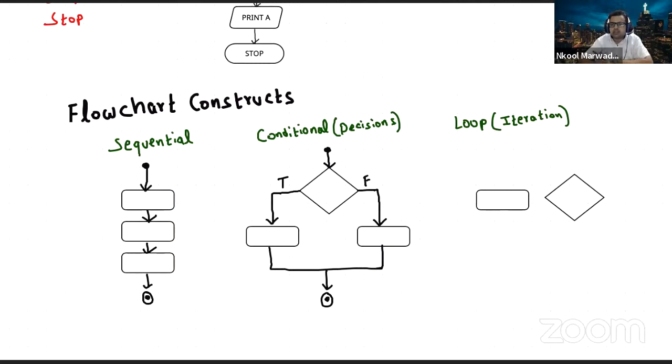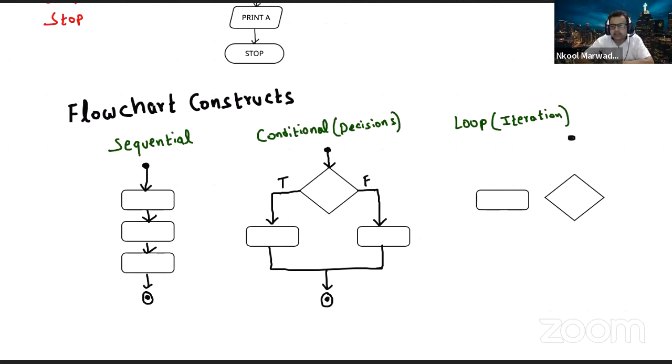This diamond is the condition, and we know that in the loop also every time we check the condition. Until the condition is true, the loop will keep on running, and once the condition is false, we will come out of the loop. So if I get into the loop, the first thing is to check the condition.